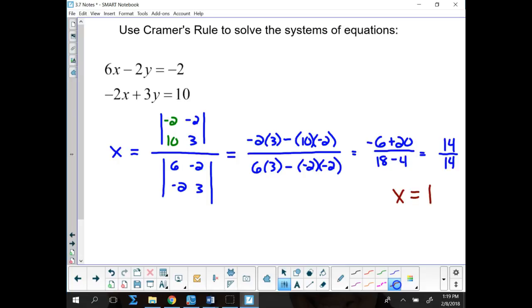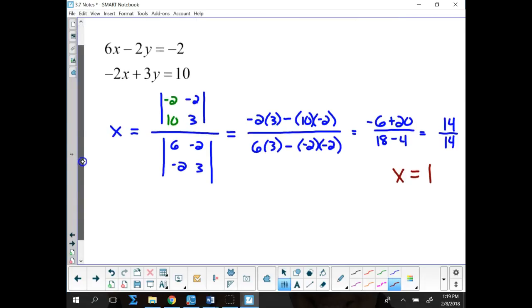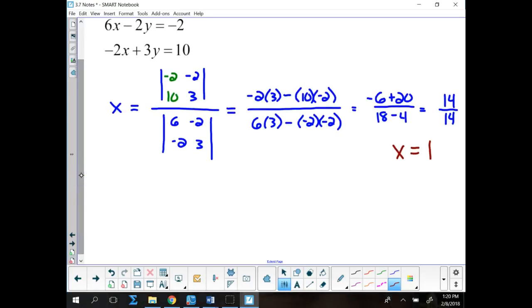Now, I could just say, because I got a 2 by 2 system, x equals 1, plug in an x in one of my equations and solve for y. I could do that. That's legit. If I wanted to use Cramer's rule to solve for y, though, then that would be y equals something over 14. This time I keep my x coefficients and I replace my y coefficients with that.